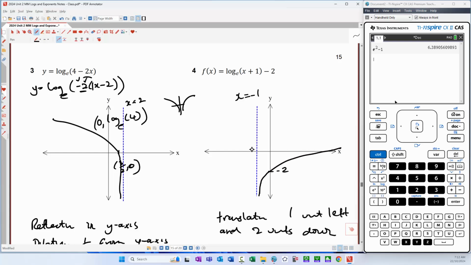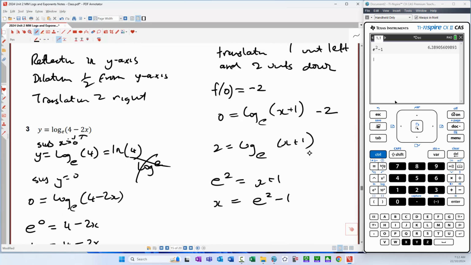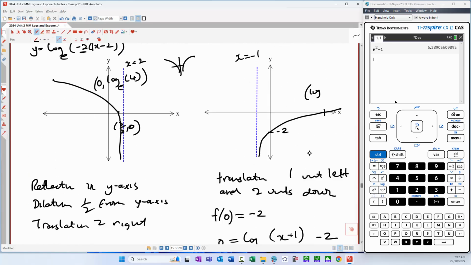Yeah, so that seems around about 6.4, which seems roughly appropriate. What was the x-intercept? e squared take away 1. The y value is 0, and the y-intercept is -2.